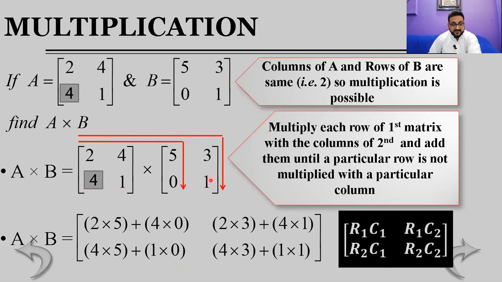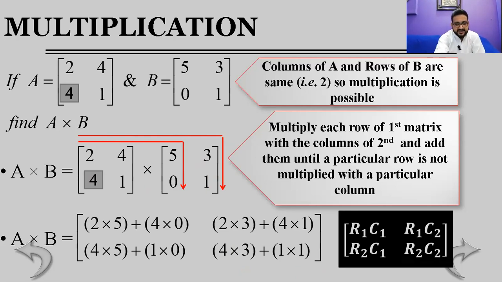You must observe that 4 multiplied by 3 and 1 multiplied by 1. Is this clear? ये चीज हमने लास्ट टाइम की थी, उसी चीज को हम यहाँ पे कंटिन्यू कर रहे हैं, ठीक है ना.